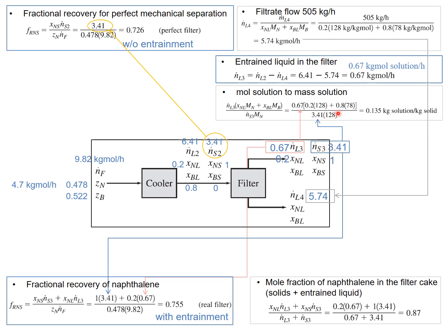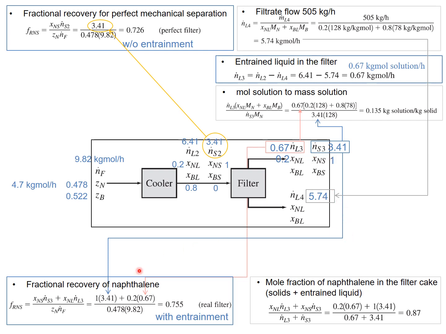So finally we could calculate the value of about 0.135 kilogram solution entrained per kilogram of solid in the top output stream. Okay, so about 13.5% is the entrained liquid.